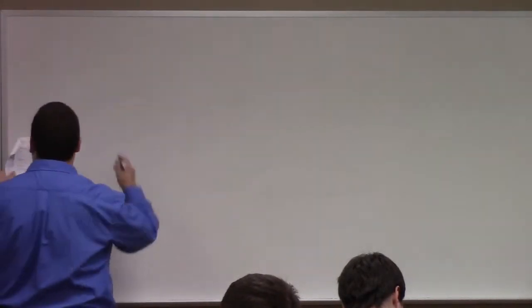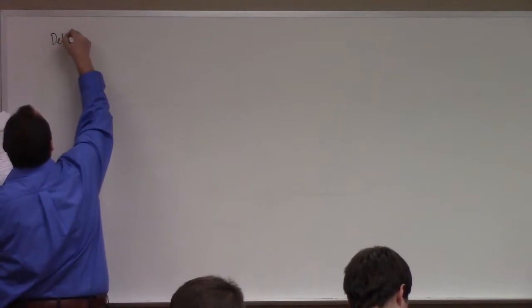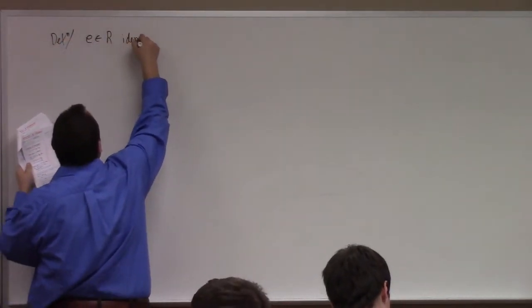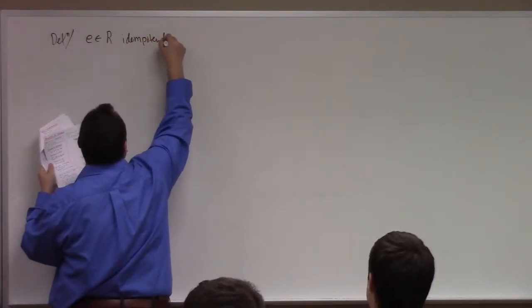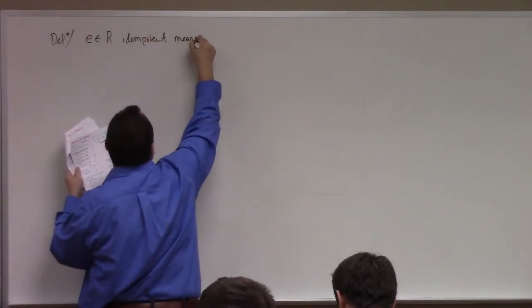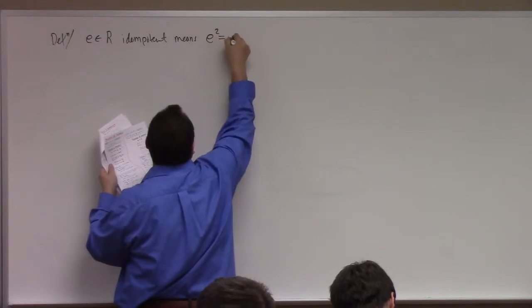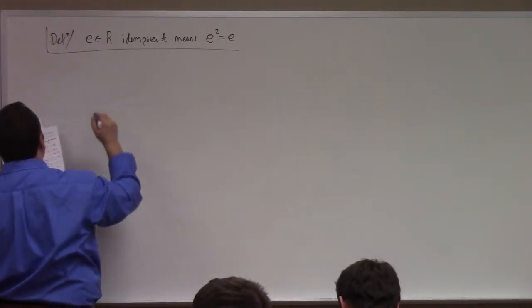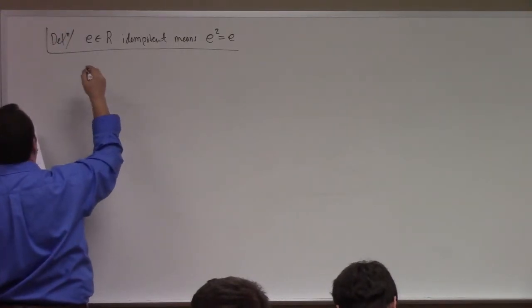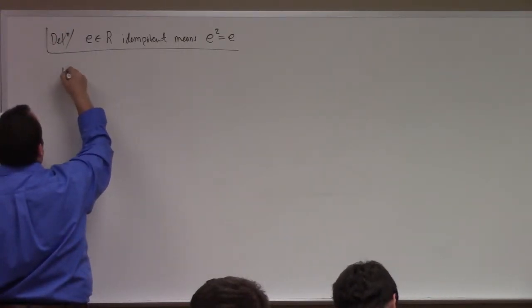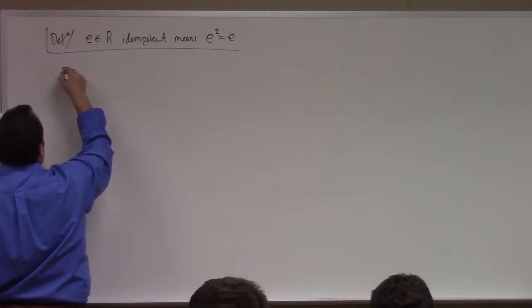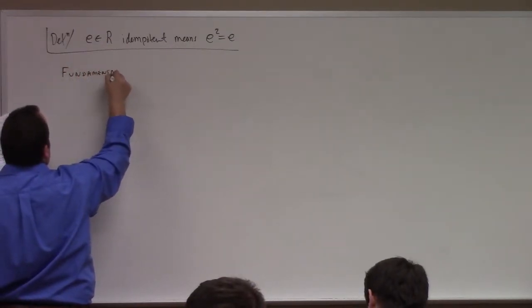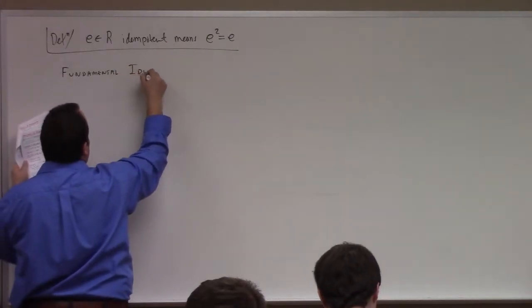All right. Idempotent. Definition. Again, e in R idempotent means what? e squared equals e. So like the fundamental thing I should have, well, I gave you some examples last time, but this is like a fundamental identity for these guys.